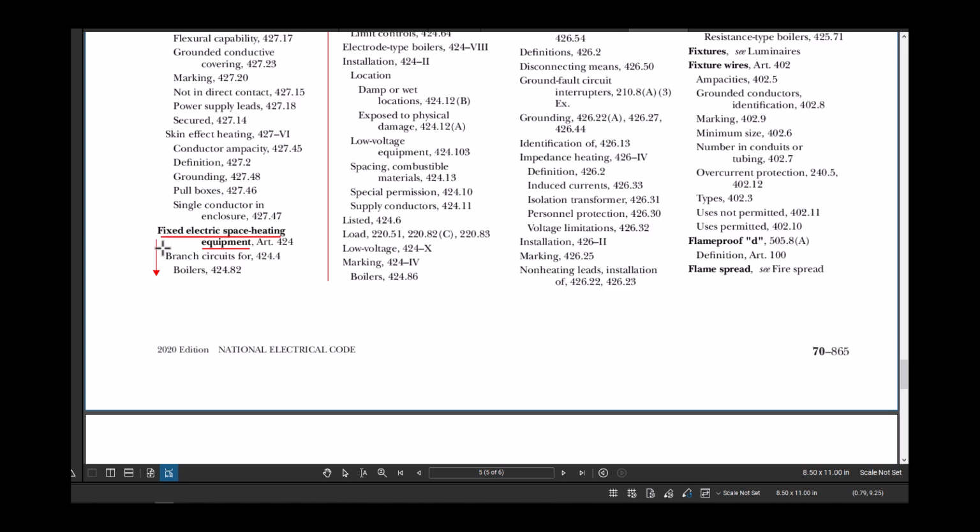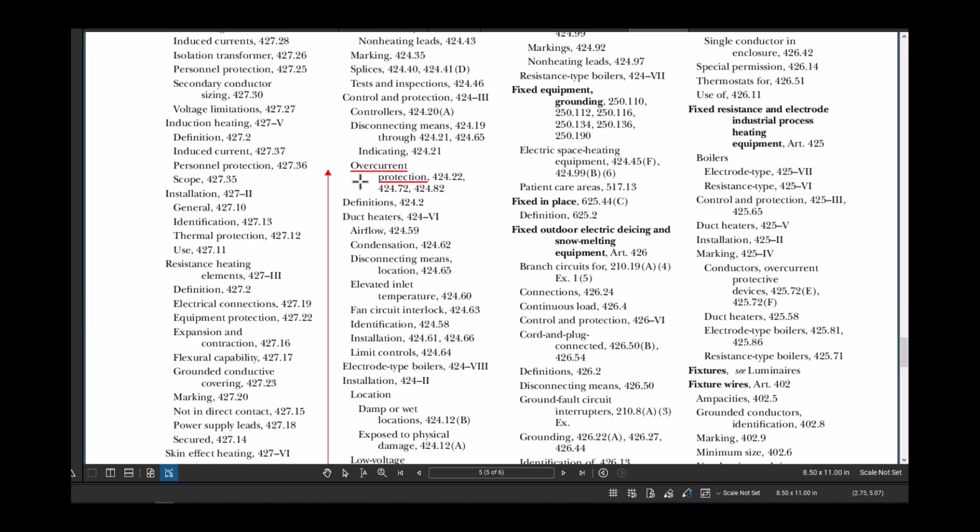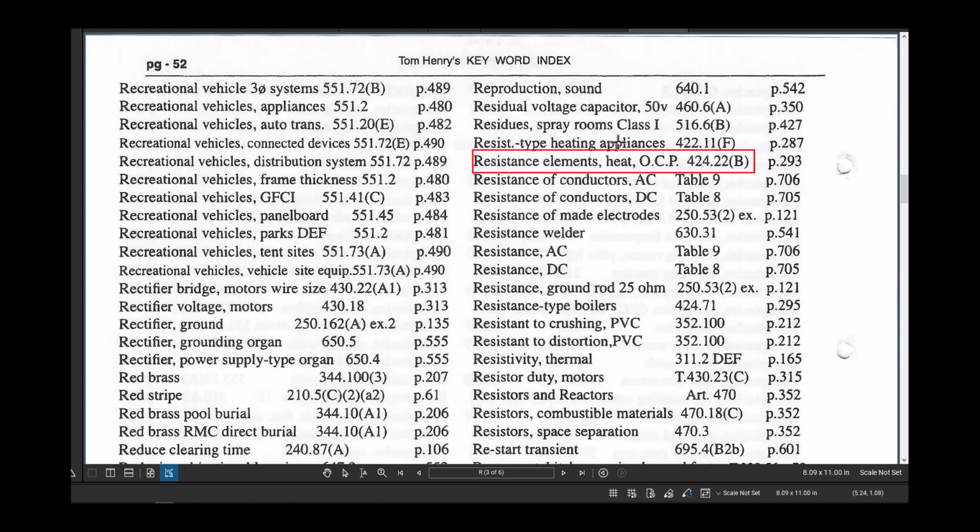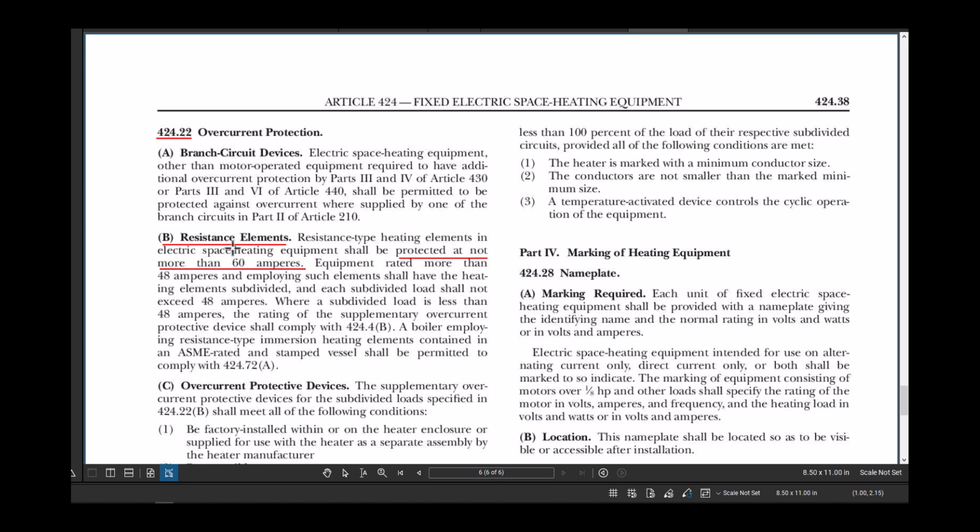We go from the AB to overcurrent protection 424.22. If it's not here, we should go to 72. If it's not 72, we should go to 82. But based on Tom Henry's, we go to 424.22(B). If I jump back, 424.22 overcurrent protection, B resistance elements.